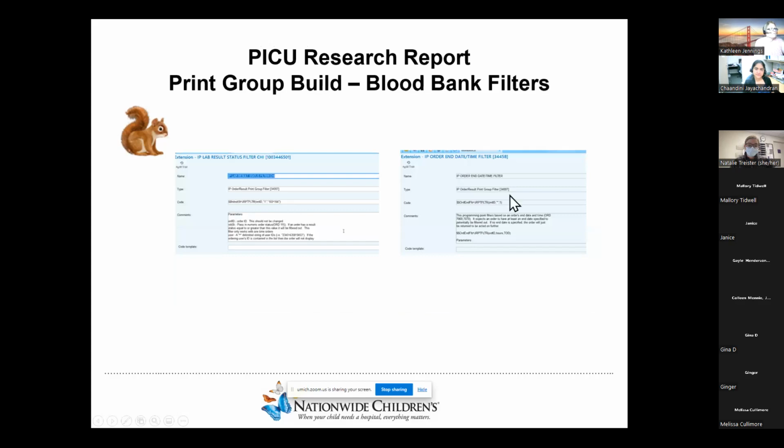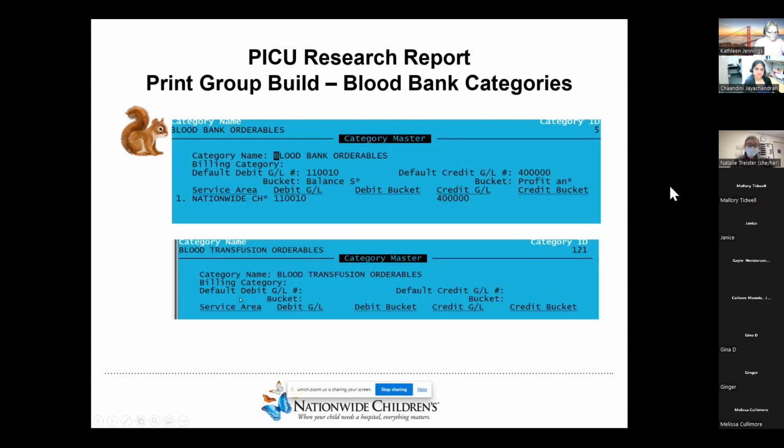Again, these are the filters for the blood, looking at order start and end times. And this is just those categories of the blood bank orderables and our transfusion orderables and how those are set up. Those are the two categories we were using in order to pull in the blood, if they were receiving blood.